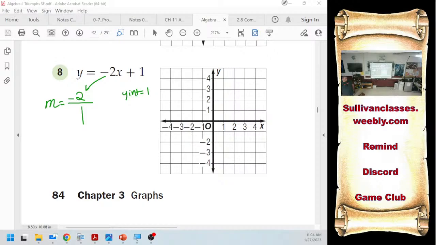So these are wrong. So you start here. From there, you write your slope so you can put your arrows next to it. Down 2, right 1.